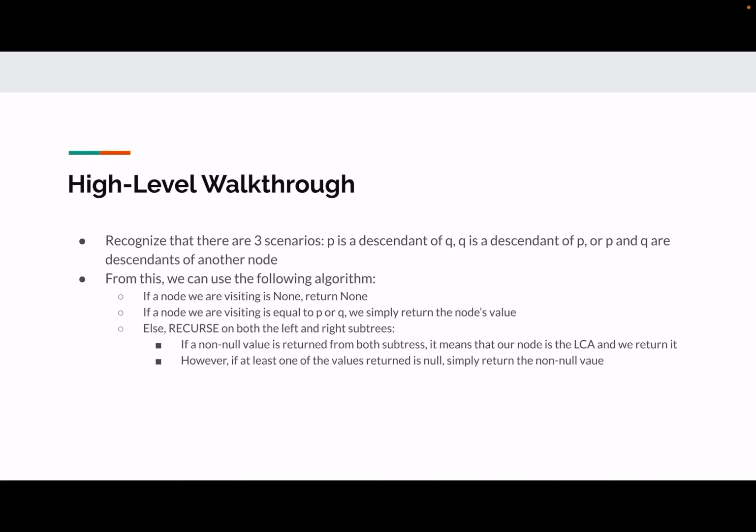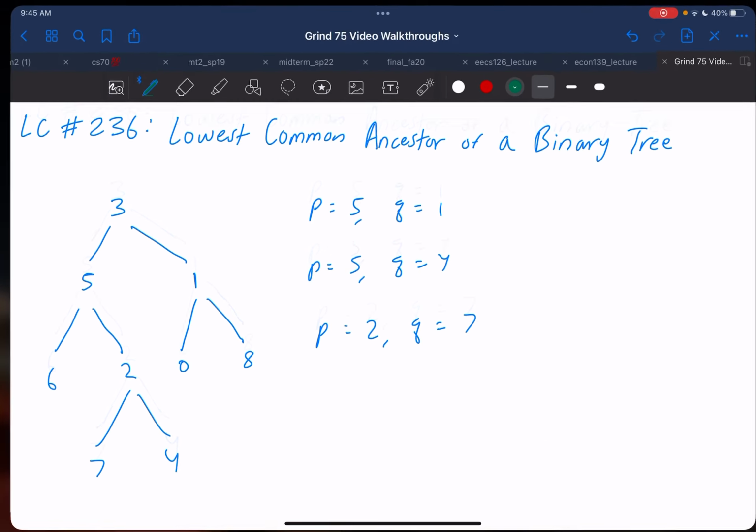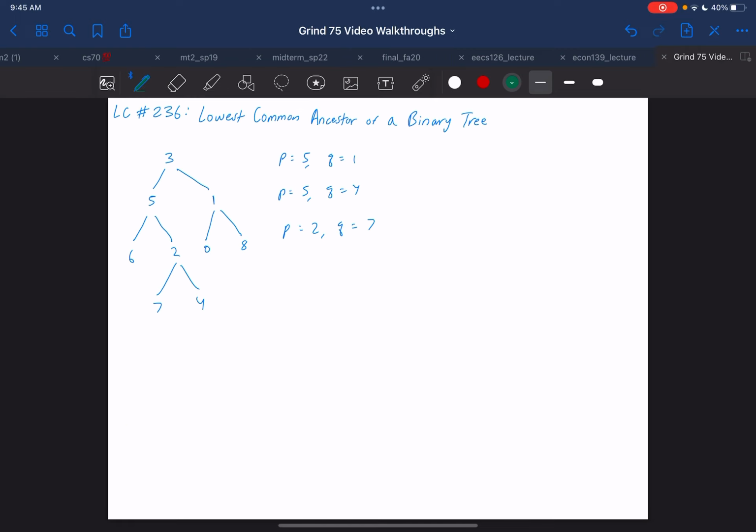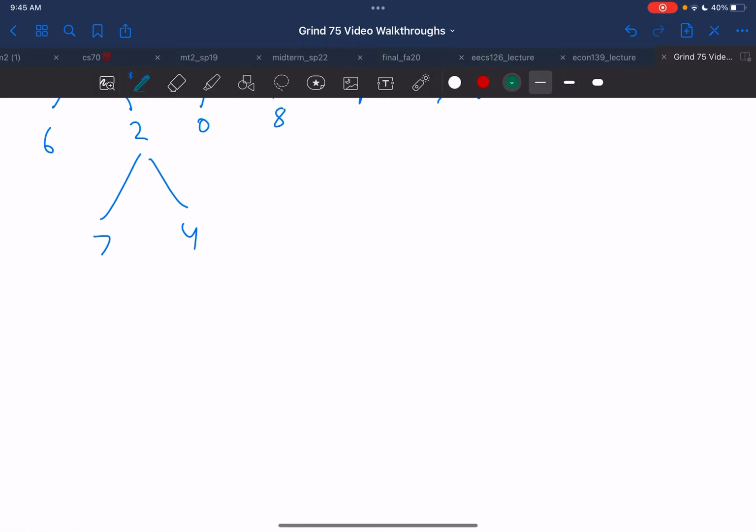Going over an example, I have the same tree constructed here, and let's start with P equals 5 and Q equals 1.